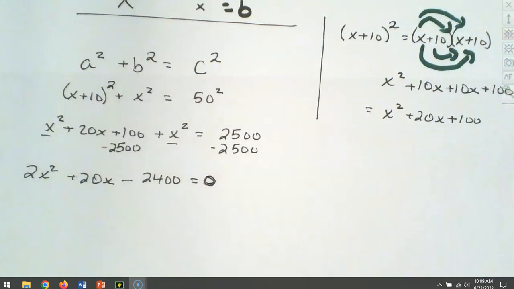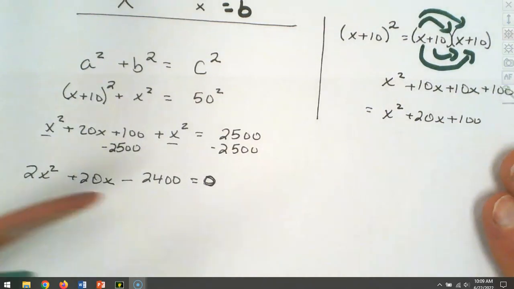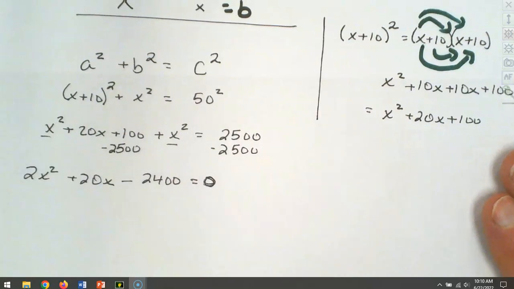And before we go to factor or do any other work with this, are all the numbers divisible by something? Yep, 2. So always check that first. That is going to dramatically reduce down the work. If it's there, divide it out. It could have been a 3. If that was a 3, a 90, and 3,000, you could divide it by 3.